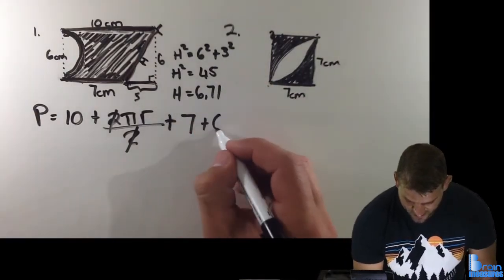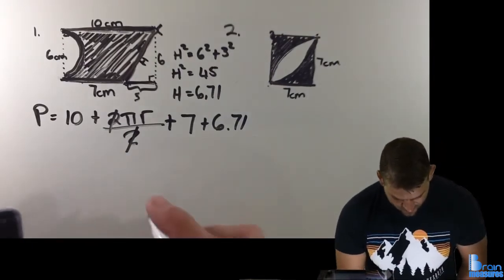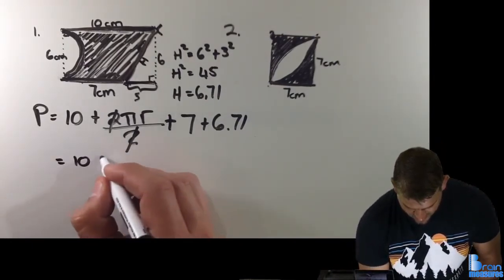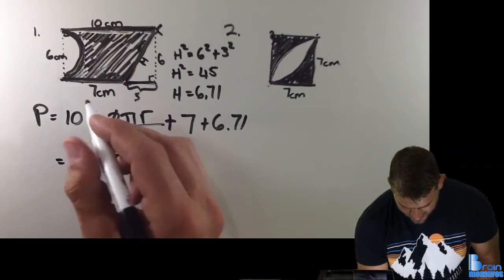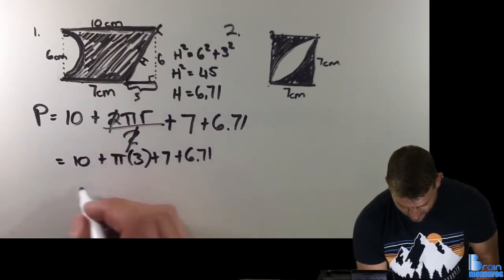So now I need to add that 6.71 in order to complete my perimeter. Now we just write it down again. 10 plus pi radius is 3 plus 7 plus 6.71.